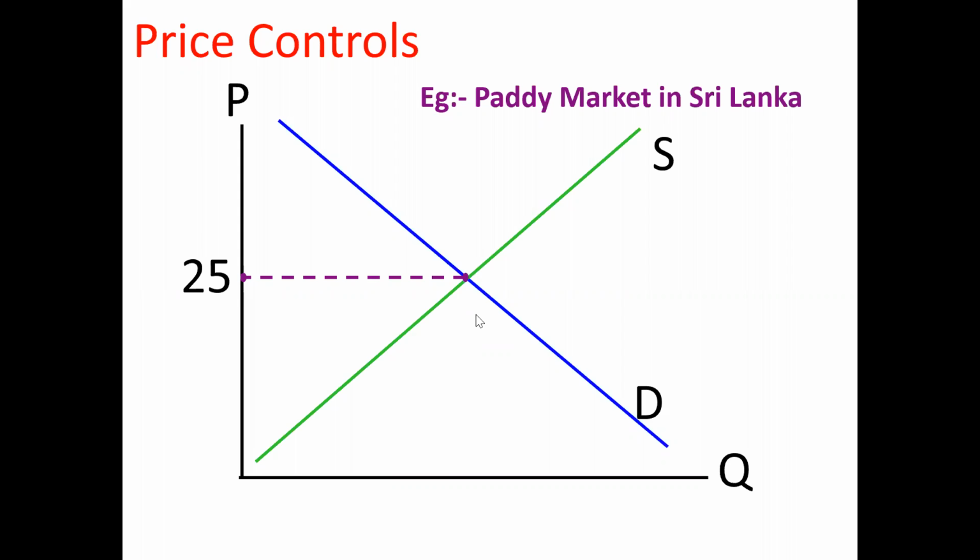So can you repeat the question? Question is to protect the farmers when this 25 rupee is unfair to the farmers. Should the government decide a price below or less than 25 or higher than 25? Less than. This 25 rupee is unfair to the farmers.